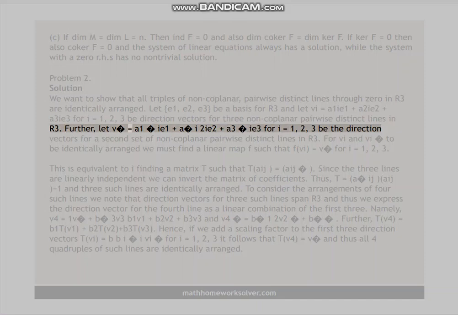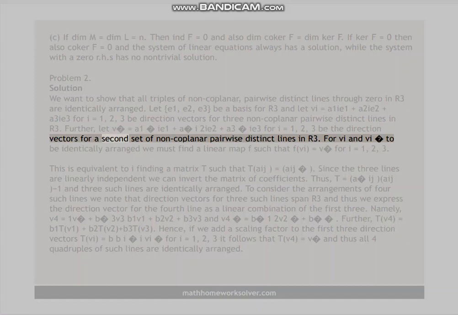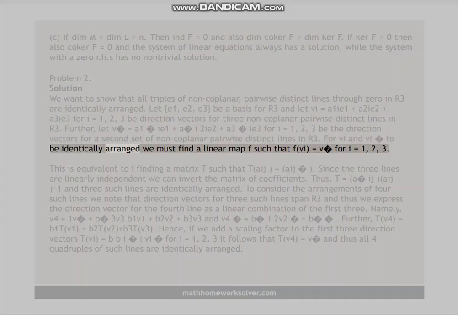Further, let wi equals a'1i e1 plus a'2i e2 plus a'3i e3 for i equals 1, 2, 3 be the direction vectors for a second set of non-coplanar pairwise distinct lines in R3. For the two triples to be identically arranged, we must find a linear map F such that F(vi) equals wi for i equals 1, 2, 3.